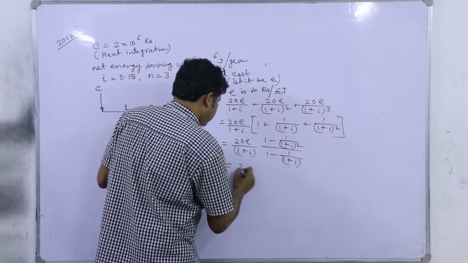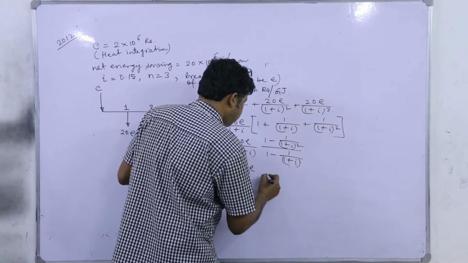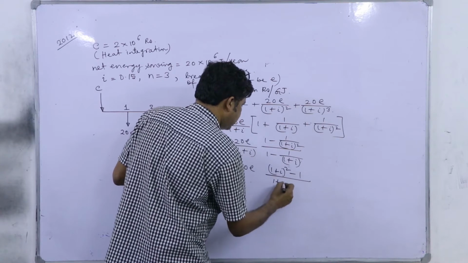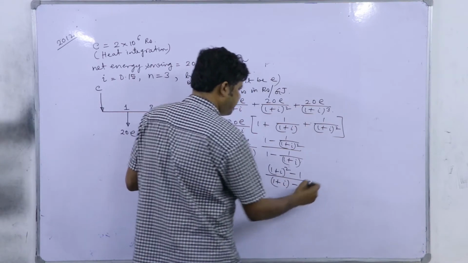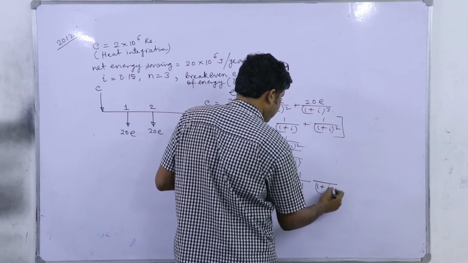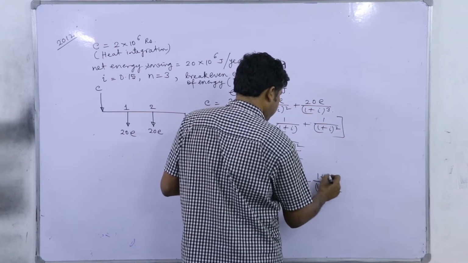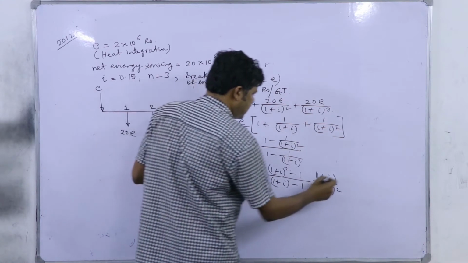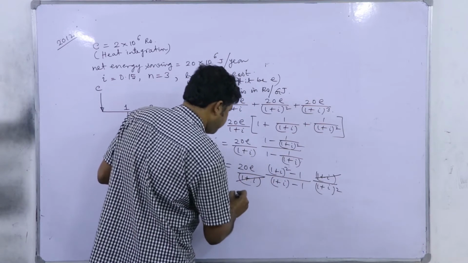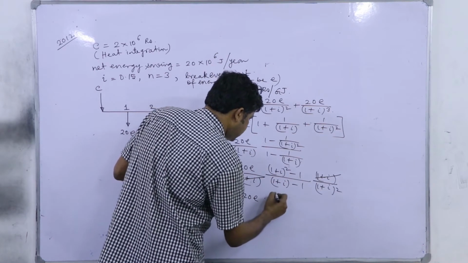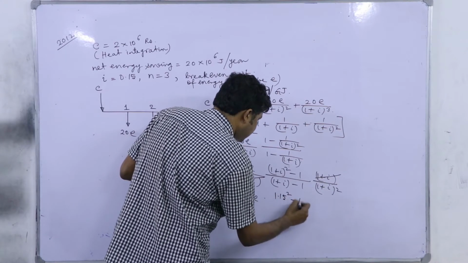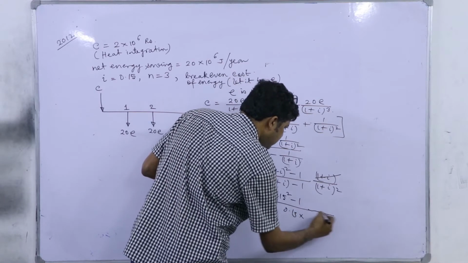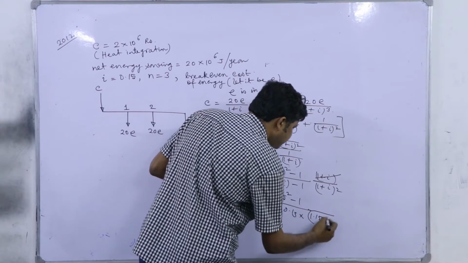So, you see it is 20E, with numerator 1 plus I whole square minus 1 plus I minus 1 and denominator 1 plus I whole square, and there is a 1 plus I here, so this cancels out. So, it is 20E into 1.15 square minus 1, divided by 0.15 into 1.15 square.